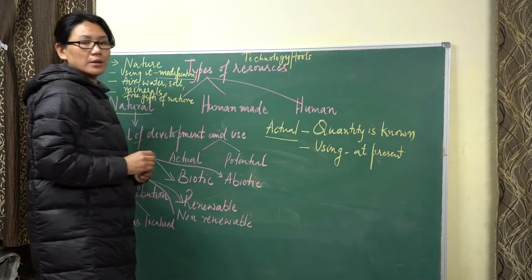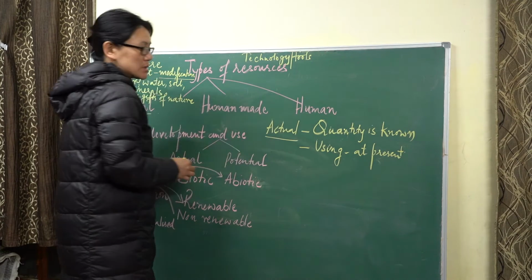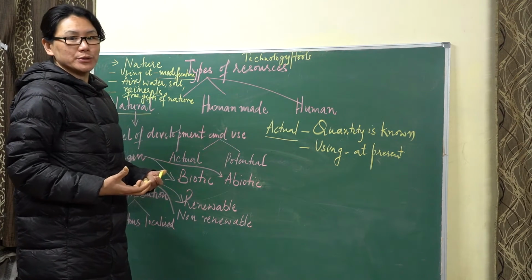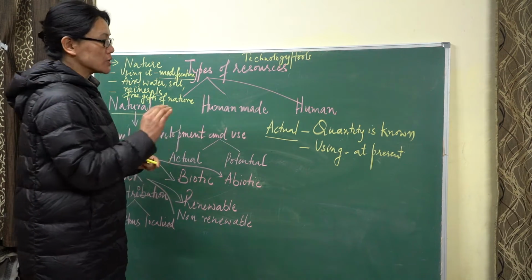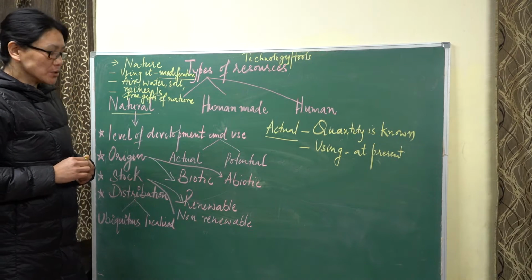So actual resources, how much quantity we have, we know it, and also at present we are using it. So such resources are called actual resources.